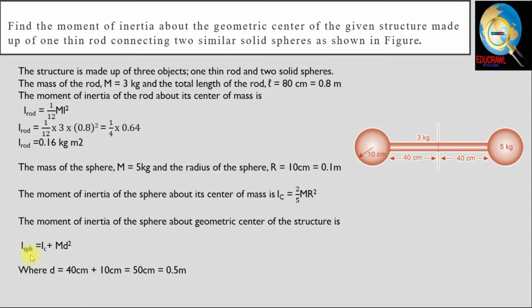We have I sphere is equal to I_C plus MD square, where D is the distance between them, which is 40 centimeter plus 10 centimeter, the radius of the sphere. So the center of mass from the center point through which it is rotated is 40 centimeter plus 10 centimeter, which is equal to 50 centimeter. Converting that into meter, you have got 0.5 meter.